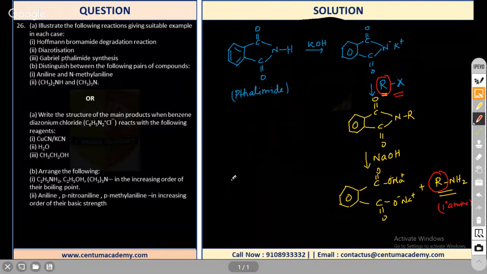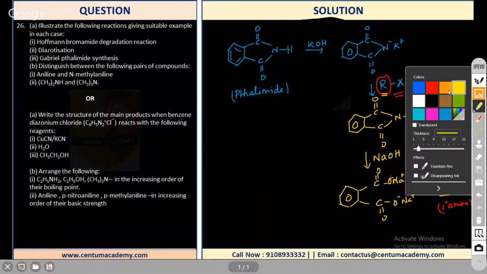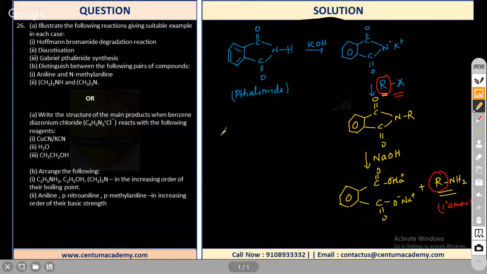Okay, the last one I'll write down. With diazonium salt, which is N2 plus and Cl minus, when this is allowed to react with ROH, where R is CH3CH2. So what happens? This N2 goes out in this reaction.